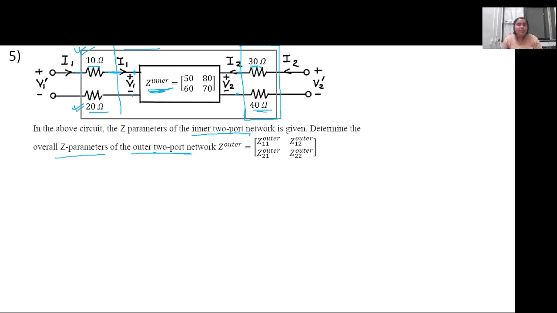We will solve it simply like we do for circuit analysis, instead of actually considering this as a cascade network. So whatever I2 current is flowing in the outer network is also flowing in the inner network. This is the same current. Only the difference will be that V1 dash and V2 dash will be the voltage of the outer network. So what we have to do is write V1 dash and V2 dash in terms of I1 and I2.